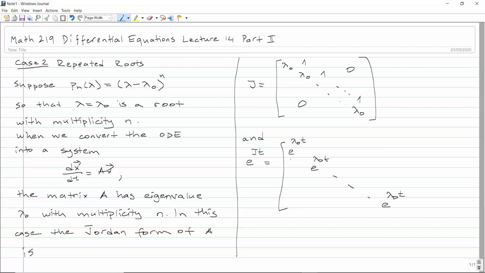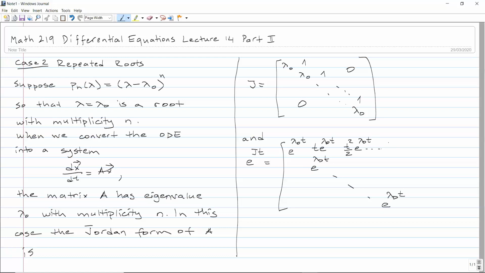And what are those entries? In all of the entries, we have, again, the exponential function, e to the lambda 0 t, but then it is multiplied by powers of t. So when we consider the first row, the next entry is t times e to the lambda 0 t, and then t squared over 2 times e to the lambda 0 t.